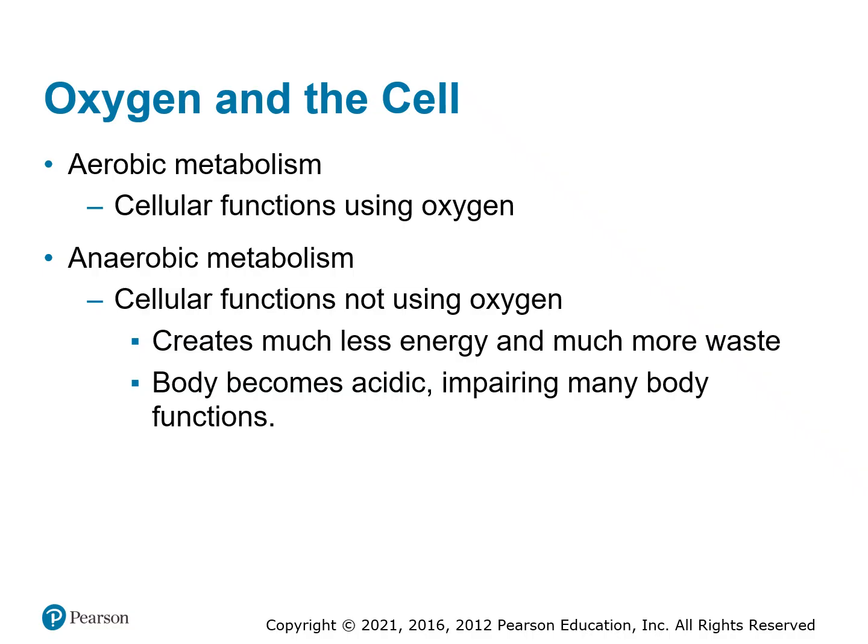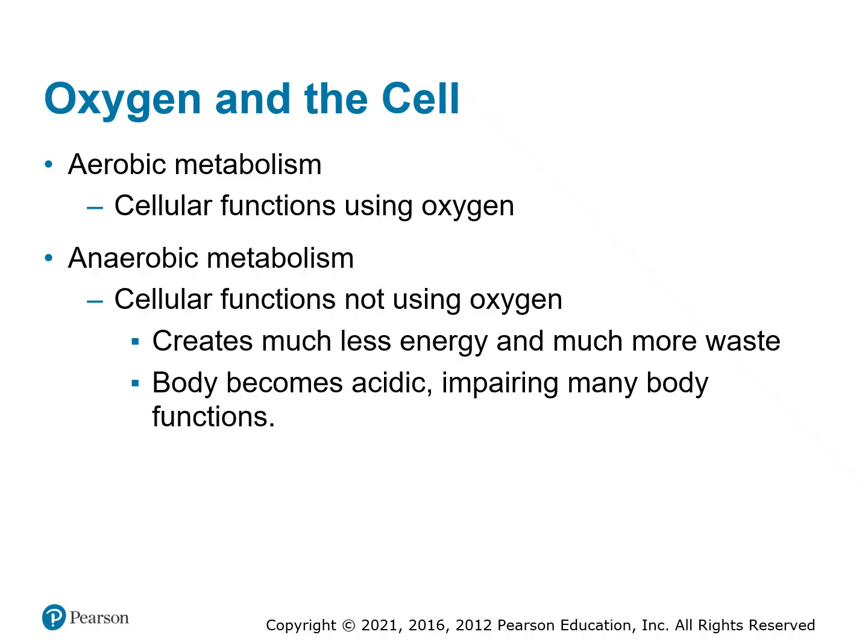If it is working efficiently, our little manufacturing cell, and if it is creating enough ATP, it is producing a little bit of waste product, carbon dioxide, which kind of goes into our body in what we call lactic acid in the bloodstream.